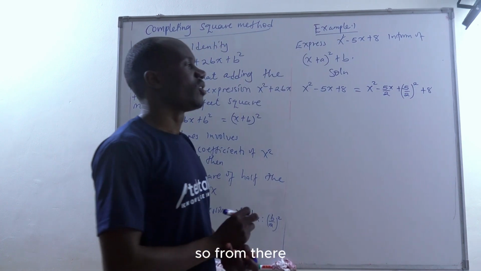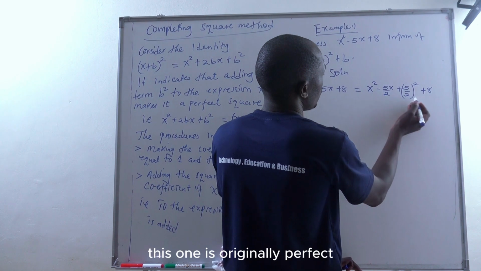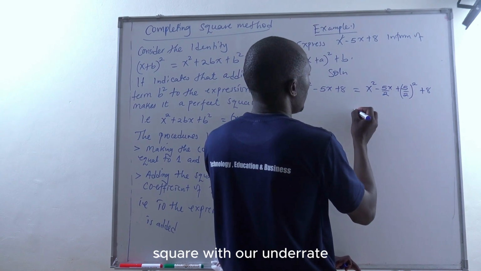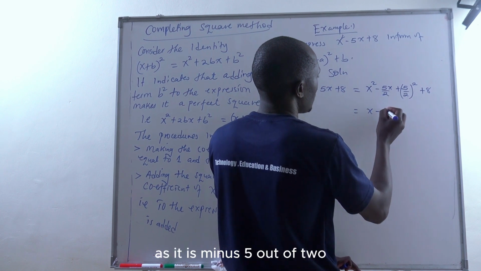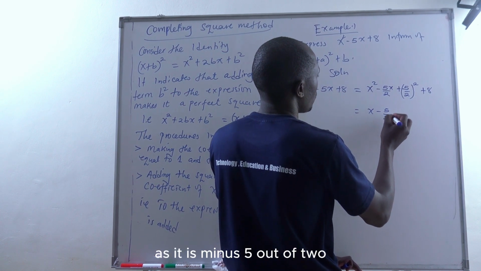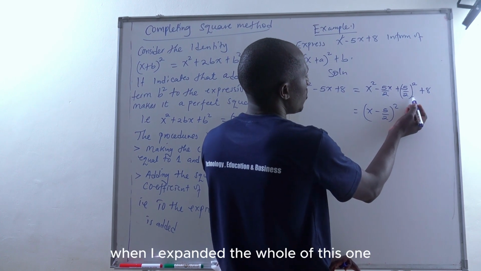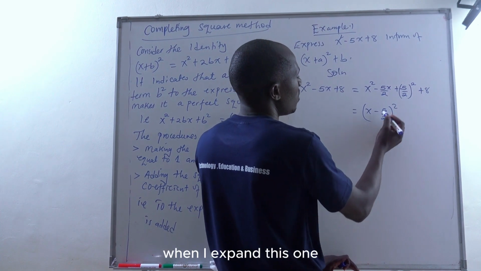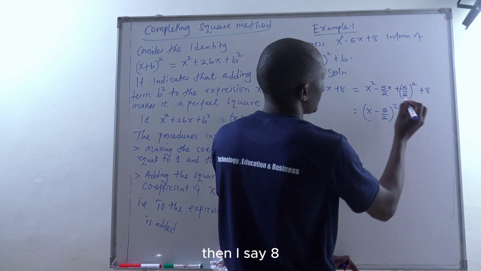So from there, what do you write? This one is already a perfect square, so we shall only write x minus 5 out of 2, the whole of it squared. What does it mean? When I expand the whole of this one, I will come out with this. Then I say plus 8.